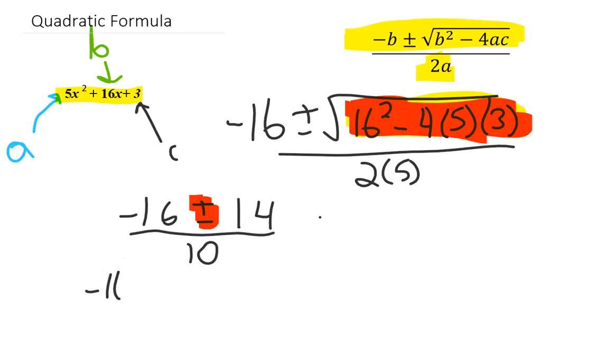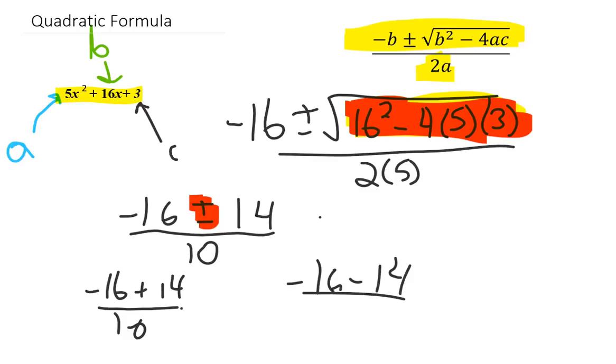So I've got negative 16 plus 14 divided by 10. And I have negative 16 minus 14 divided by 10. Now it just comes down to pretty simple math for us. So negative 16 plus 14 will give me a negative 2.